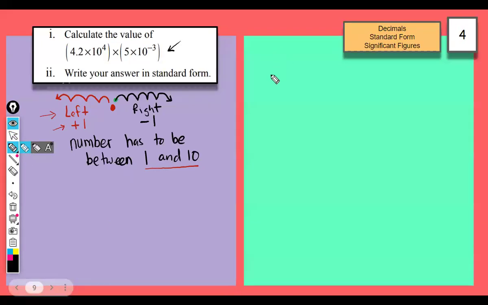Let's say I have 723.48 multiplied by 10 to the power 5. Is this number in standard form? Now, you're seeing I multiply by 10 to the power something, but is it in standard form?